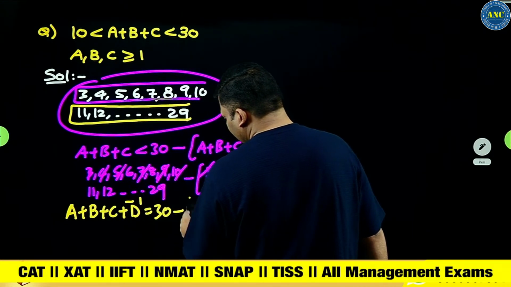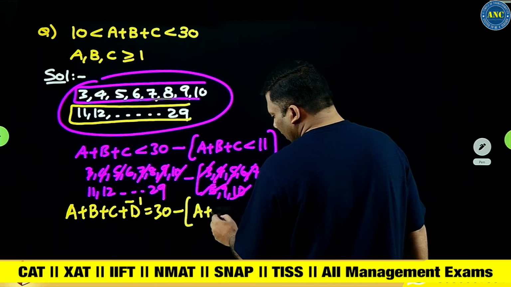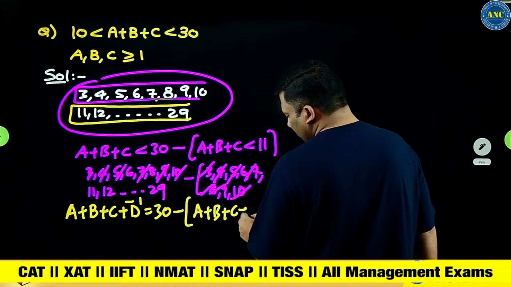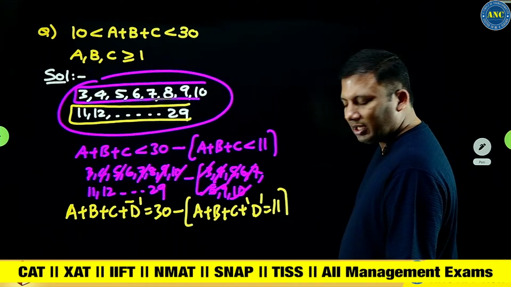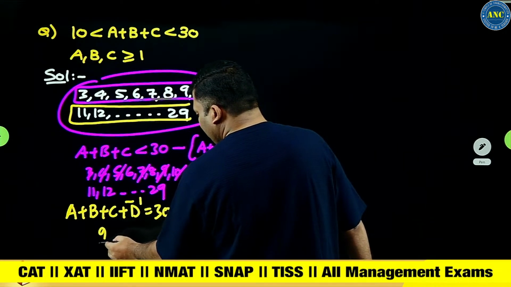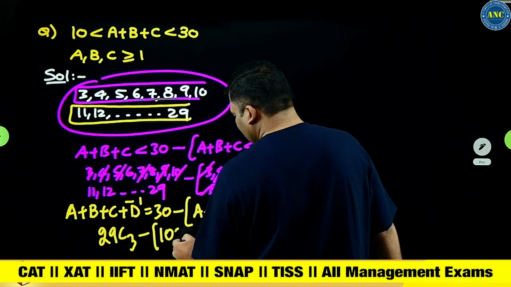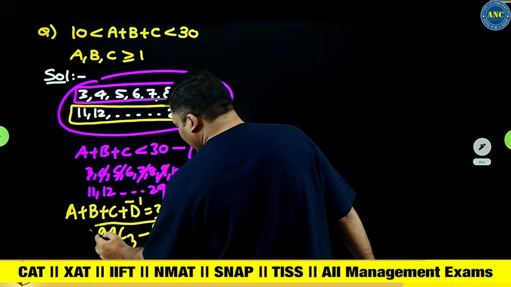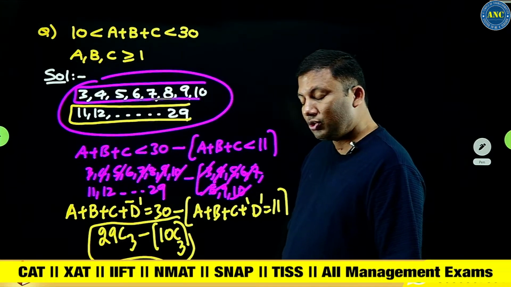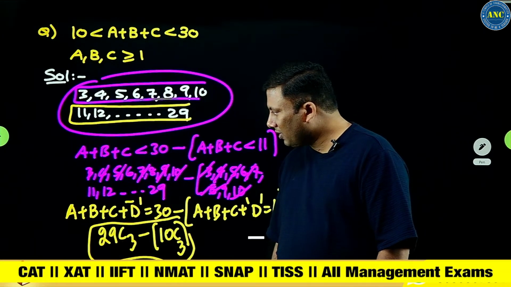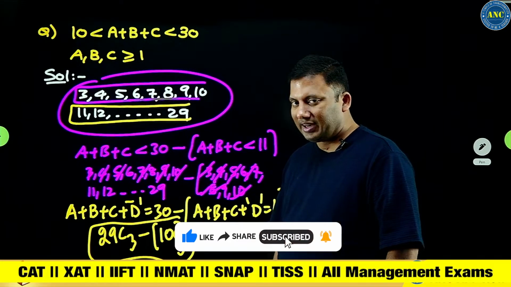For 30, a plus b plus c plus d equals 30, that means 29 gaps, 4 variables, so 29C3. For 11, 10 gaps, so 10C3. So 29C3 minus 10C3. Understood the logic? I am sure that the logic is very much clear to you. If this step is clear to you, you will get the answer.